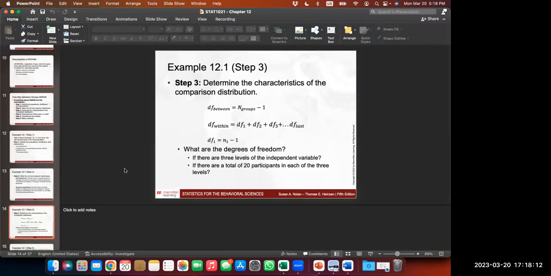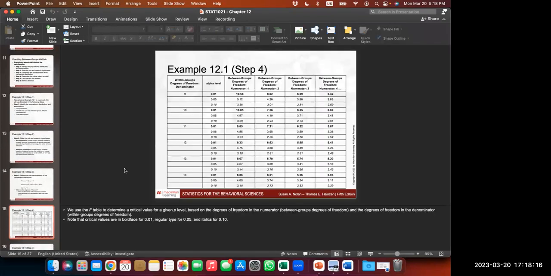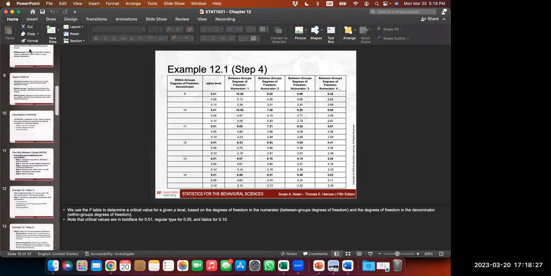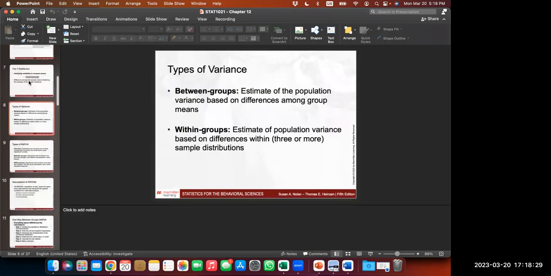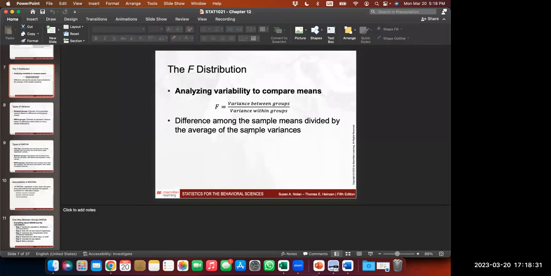Step 4 is now to determine a critical value. F is calculated as variance between groups divided by variance within groups.